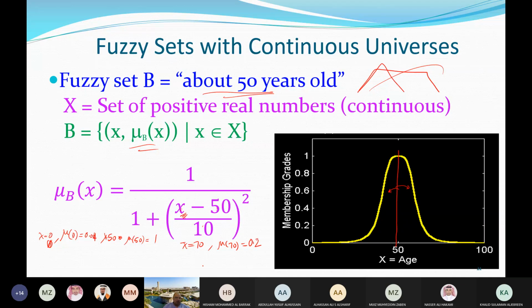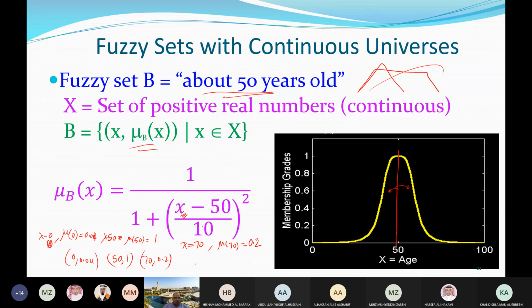So this is the degree of membership here. So you can define B with these examples: 0 with 0.04, 50 with 1, and 70 with 0.2.